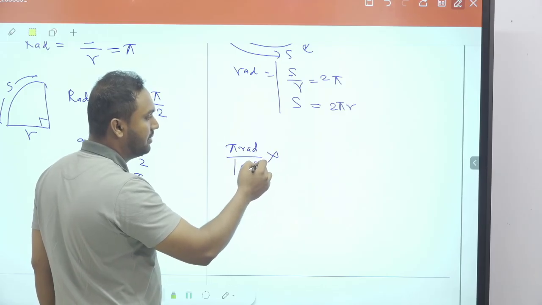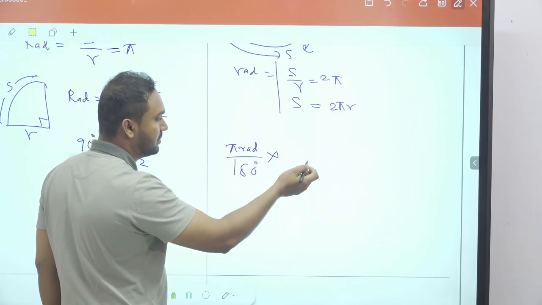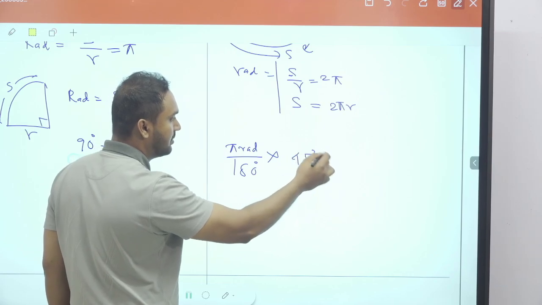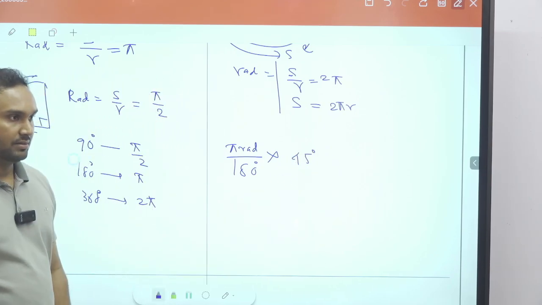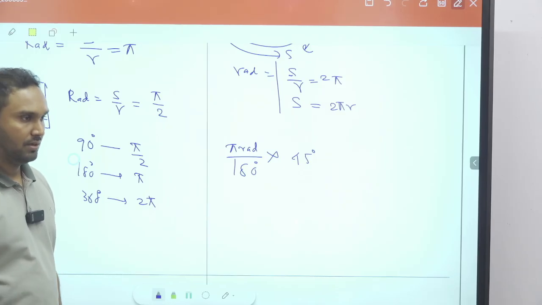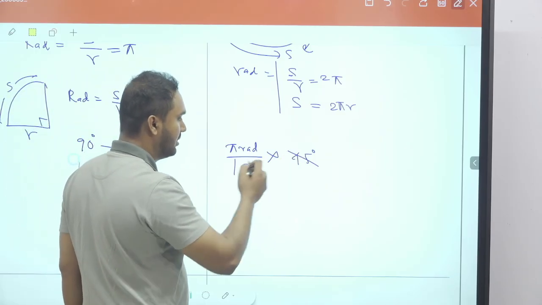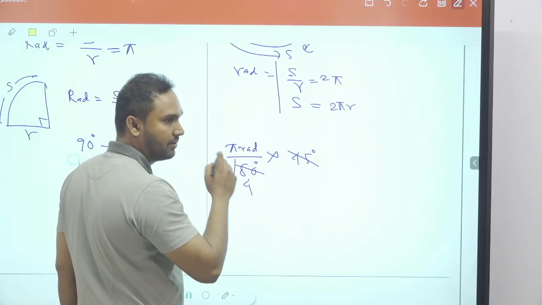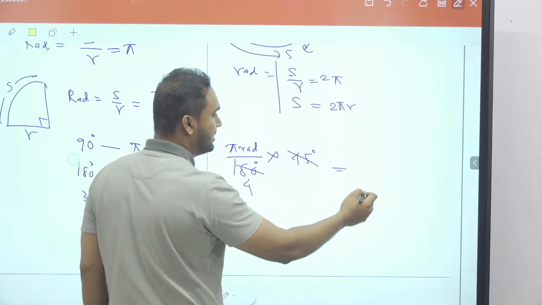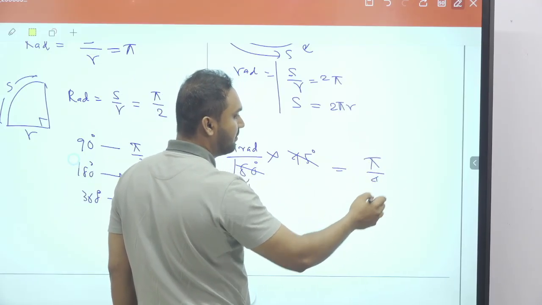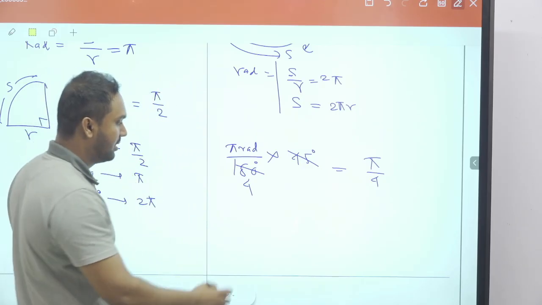And you want to find how much 45 degrees is in radians. So you simply divide: how many 45s are there in 180? 4, right? So how much is 45 degrees in radians? Pi over 4.